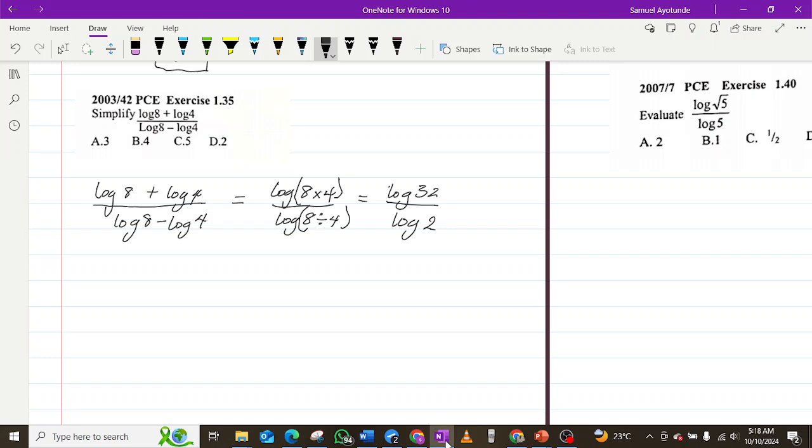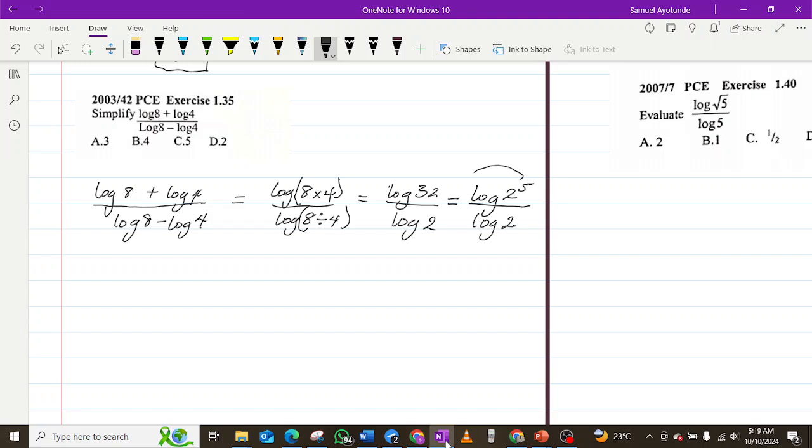32 can be expressed as a power of 2. So let's do that. If I express 32 as a power of 2, I have log 2 raised to power 5 over log 2. So we apply the law that says power can become coefficient.